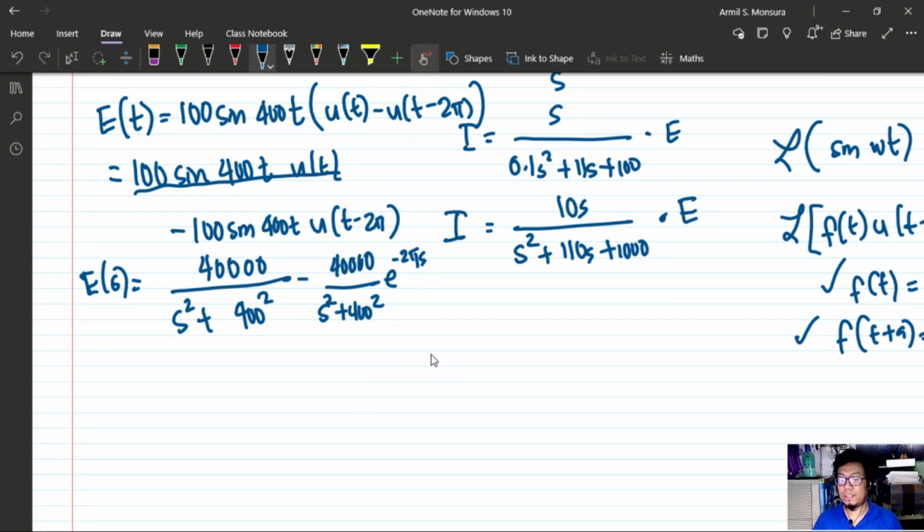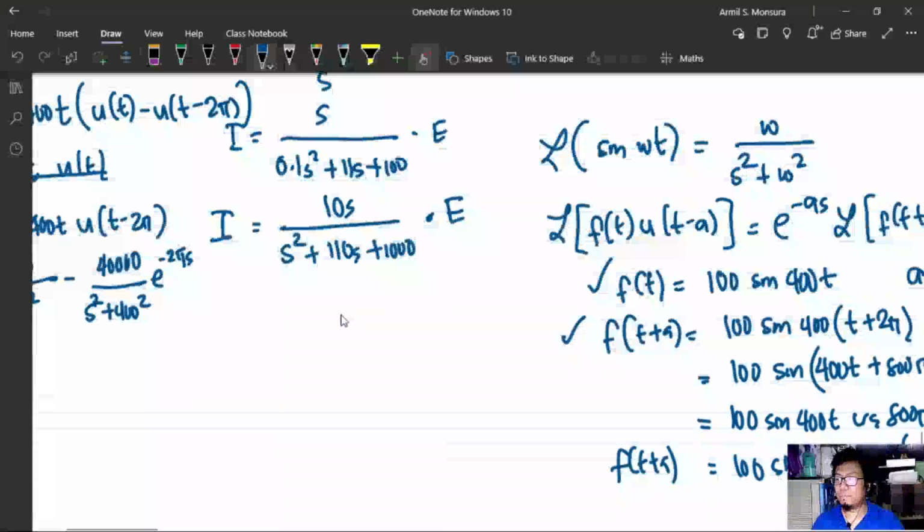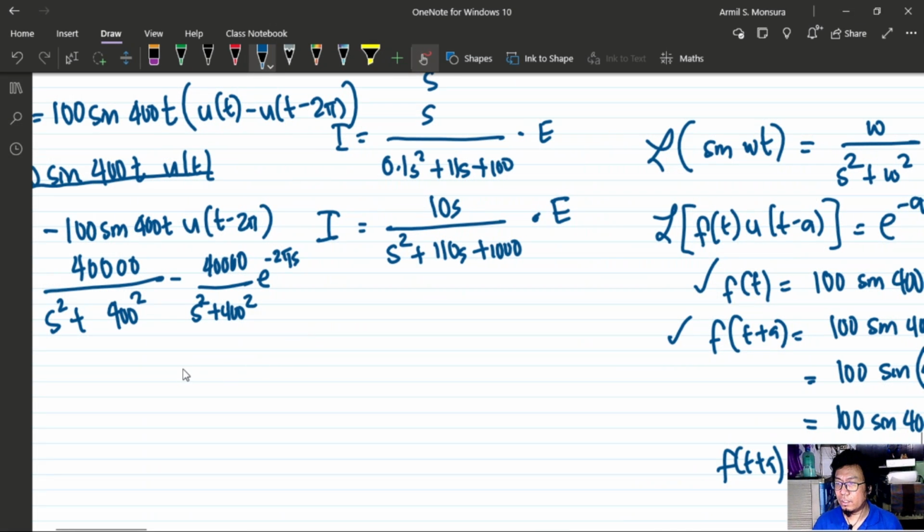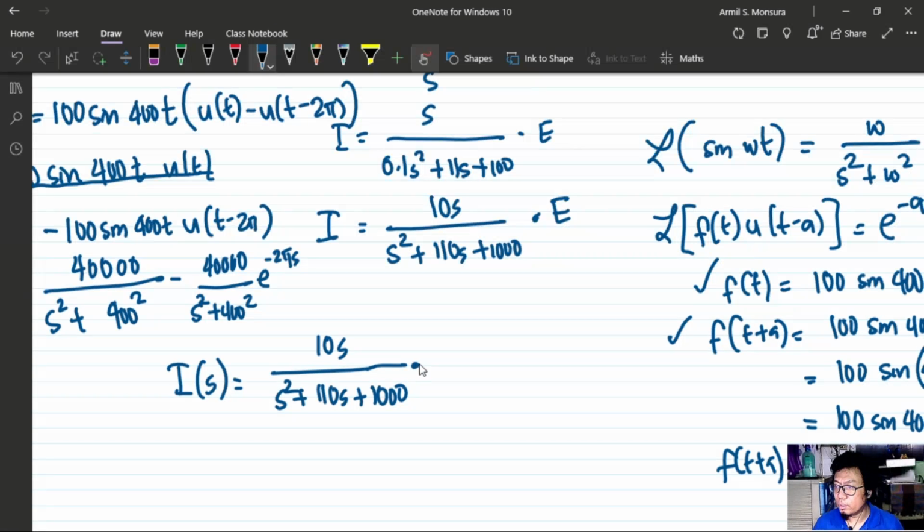That is basically your Laplace transform. So now I of s is equal to 10s over s squared plus 110s plus 1000, multiplied by 40,000 divided by s squared plus 400 squared.